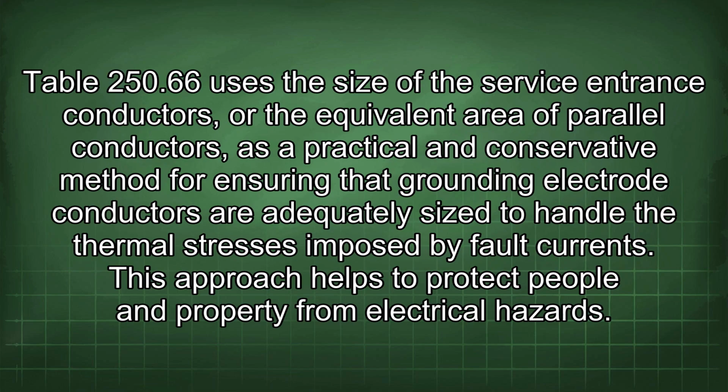Table 250.66 uses the size of the service entrance conductors, or the equivalent area of parallel conductors, as a practical and conservative method for ensuring that grounding electrode conductors are adequately sized to handle the thermal stresses imposed by fault currents. This approach helps to protect people and property from electrical hazards.